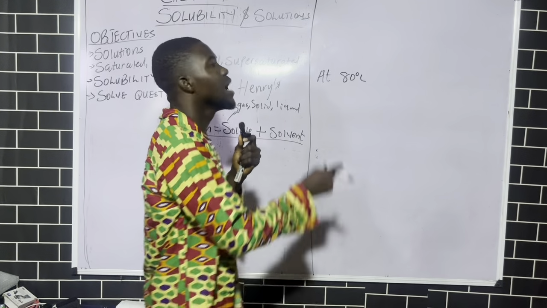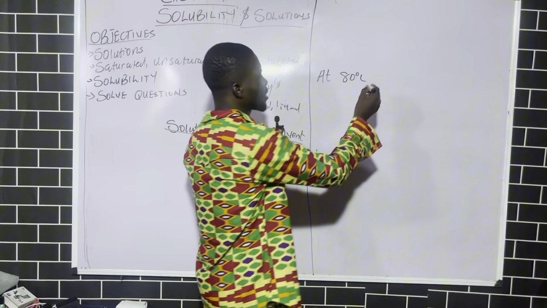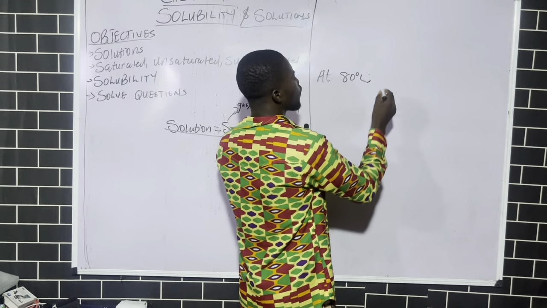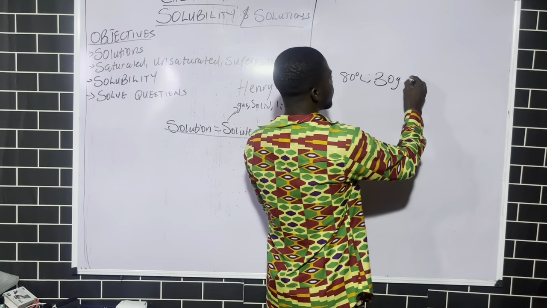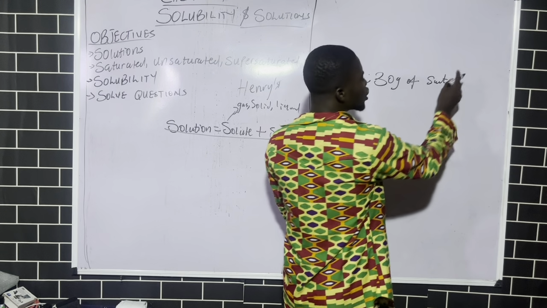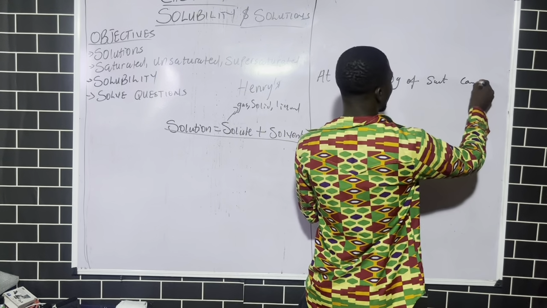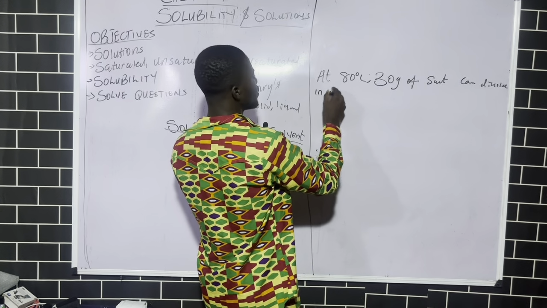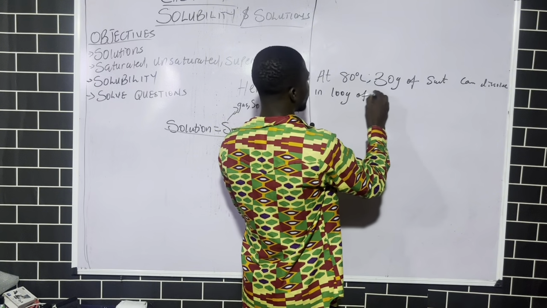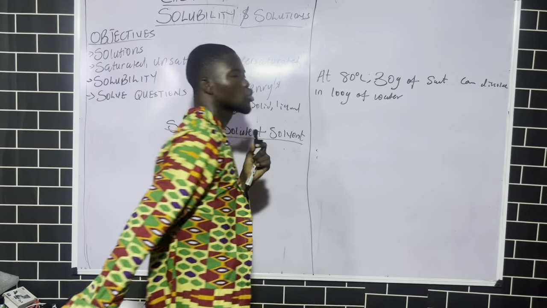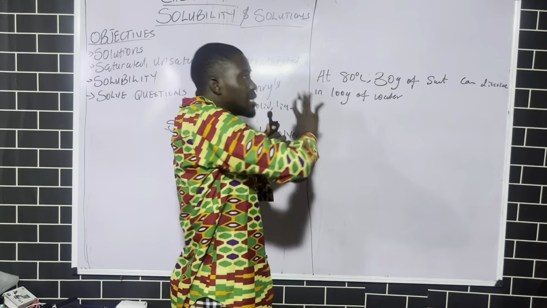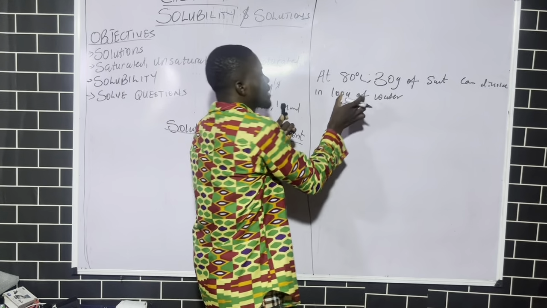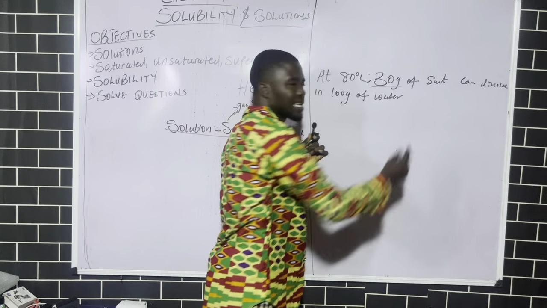Let's say at 80 degrees Celsius, 30 grams of salt, which is a solute, can dissolve in 100 grams of water. I'm giving you an illustration of that. Once it is 80 degrees Celsius, the maximum amount of salt that can stay in this 100 grams of water is 30 grams.